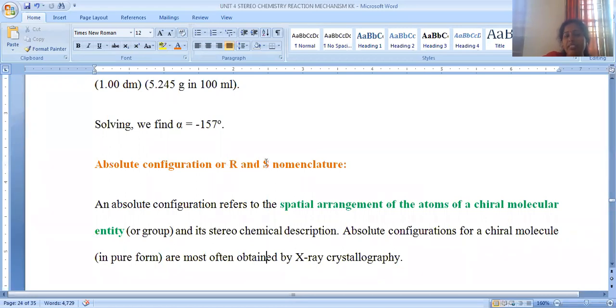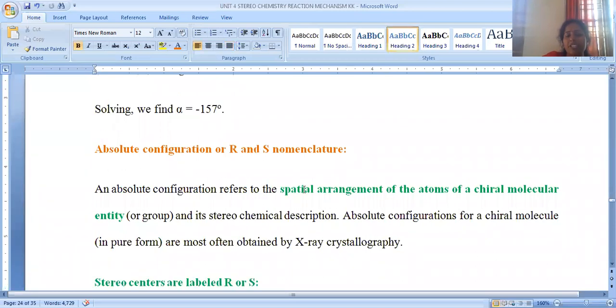In both cases, this RS nomenclature is valid. This RS nomenclature is also called absolute configuration. Absolute configuration is nothing but the spatial arrangement of atoms of a chiral molecule or chiral entity in the stereochemical description.